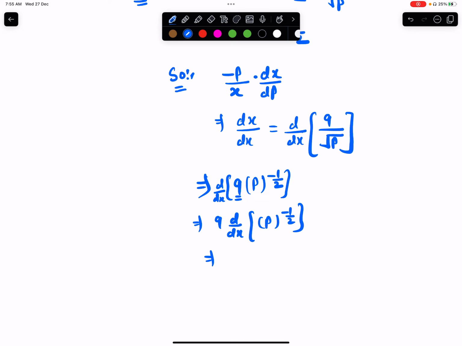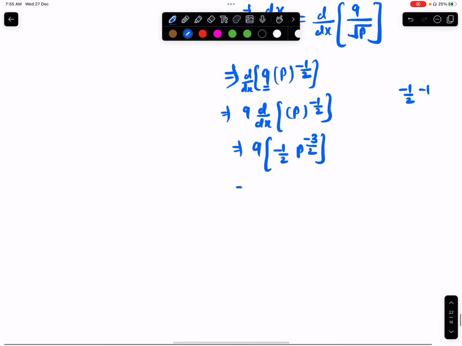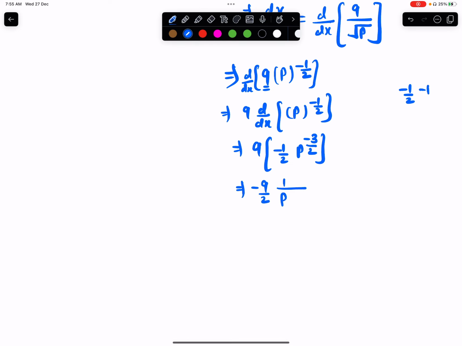So this will be minus 1 by 2 p raised to the power minus 1 by 2 minus 1, that is minus 3 by 2. So that will be equal to minus 9 by 2 p raised to the power minus 3 by 2. We can leave it like this.